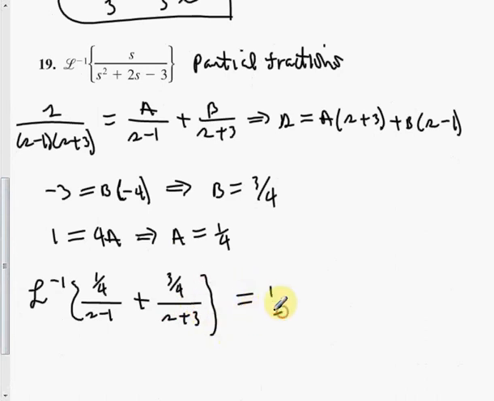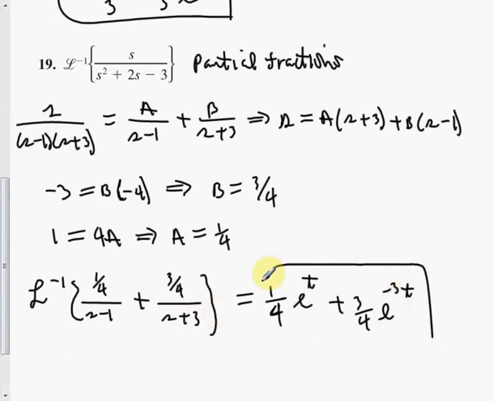So this is 1/4 times the inverse transform of 1 over S minus 1, which is e to the t, plus 3/4 times e to the -3t. Is everybody fine with that?